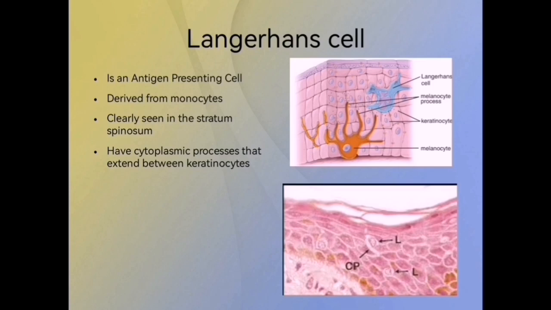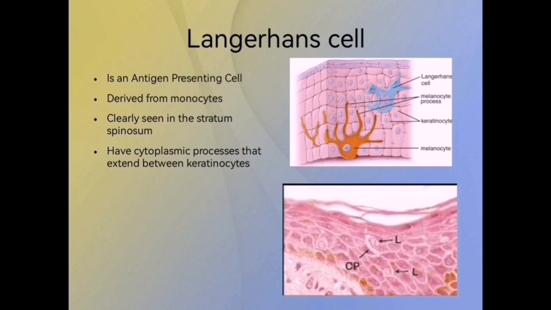They have cytoplasmic processes which extend between the cells of the layers of the stratum spinosum, and these antigen presenting cells catch the antigen, modify it, and then present it to the lymphocytes, which will then elicit an immune response, thereby preventing the entry of antigens into the deeper layers of the skin or into the body.